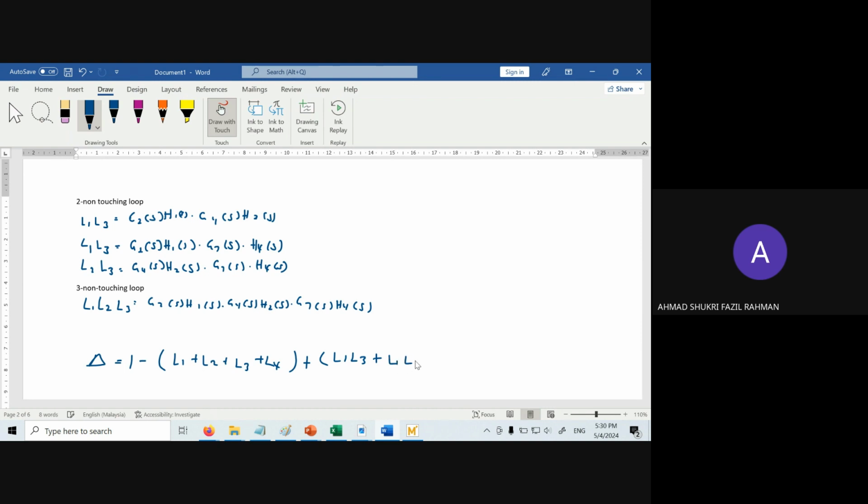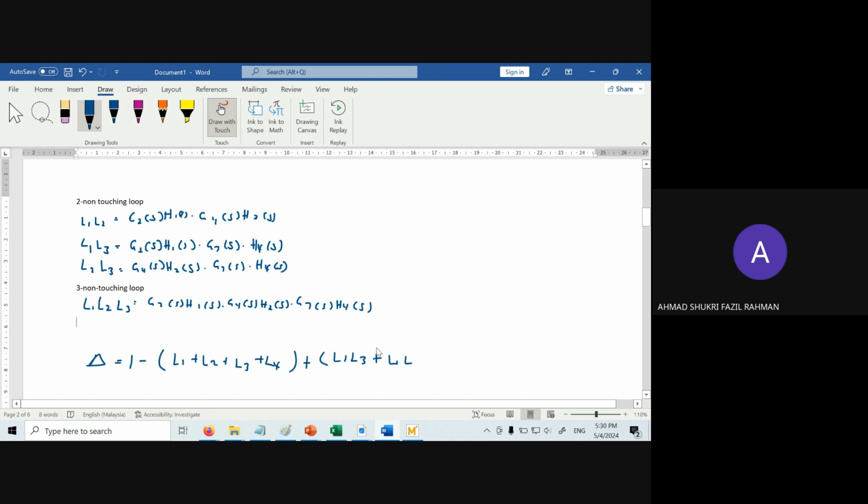L1, this is L1. L2 non-touching loop, L1 L2, sorry, this one is actually L2. This one is actually L2 G2 H1 G4 G4 G2 H1 G7. Okay, so make sure you check your answer, make sure that it is correct.